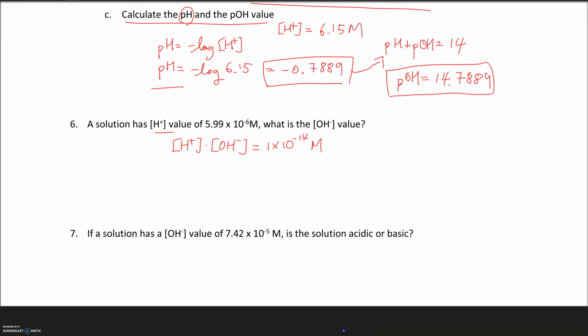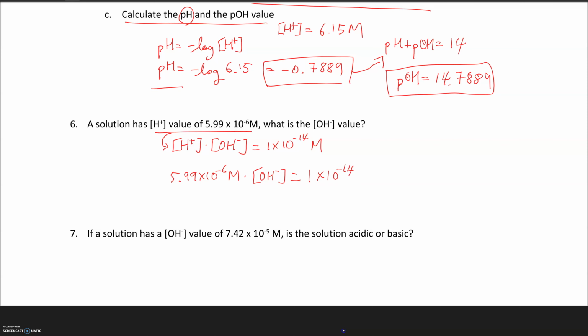We already know our hydrogen ion value, so all we need to do is plug it right in, which means 5.99 times 10 to the power of negative 6 molar, multiplied by the concentration of hydroxide ion equals 1 times 10 to the power of negative 14, right?